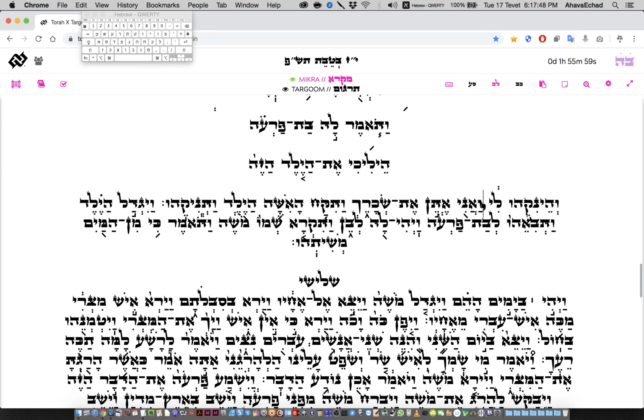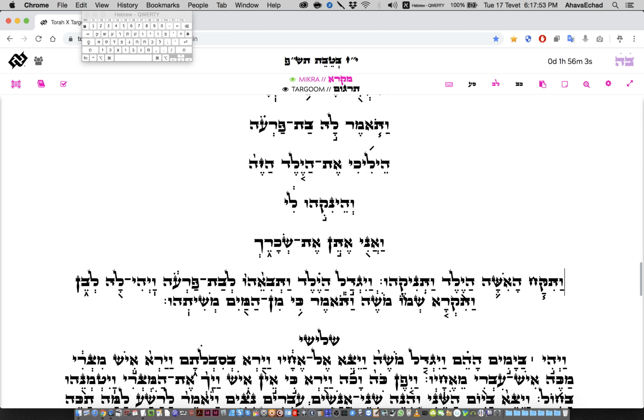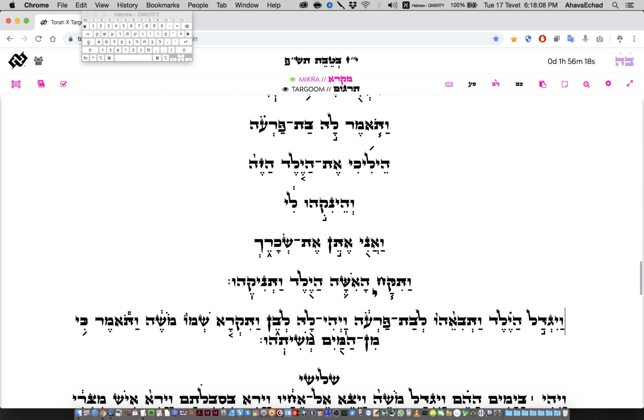Vehenikuhu li, and nurse him for me. Ve'ani eten et scharech, and I am going to pay you for this. Not only is the mother reunited with Moshe in a legal way, but now she wants to keep Moshe and she wants him alive.